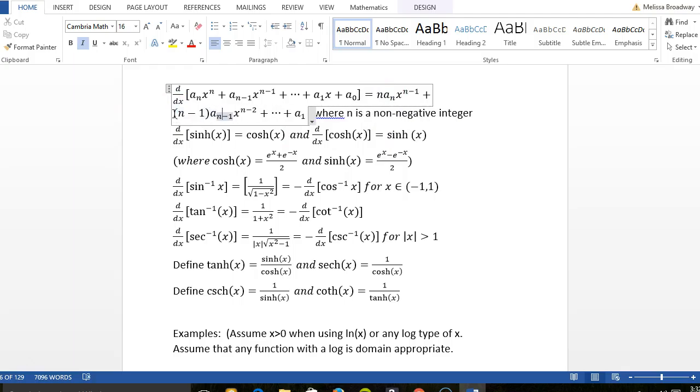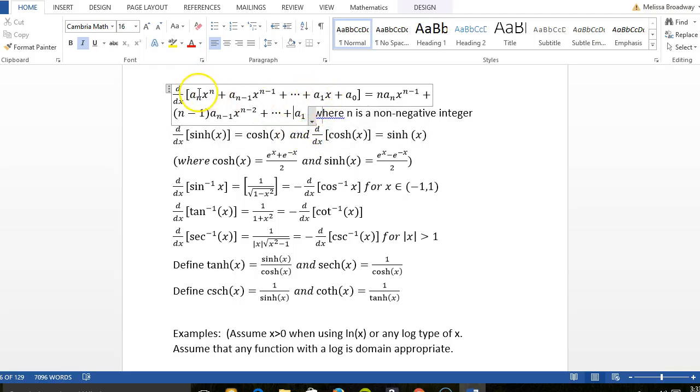And then what goes in front here? By the time we get over here, well, that's not 2. That's just a1, because if I differentiate a1 x, I just get a1.